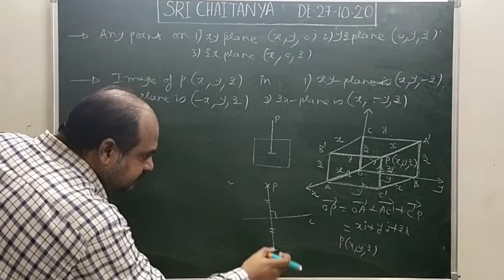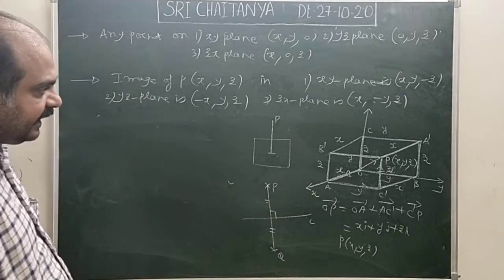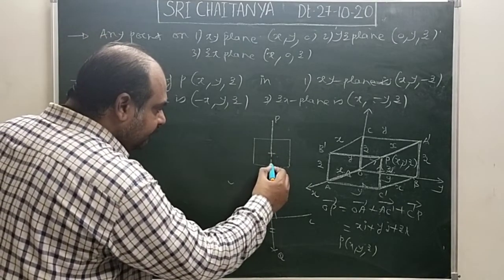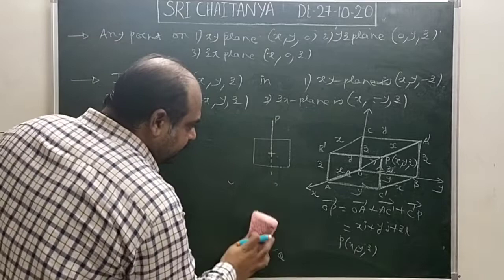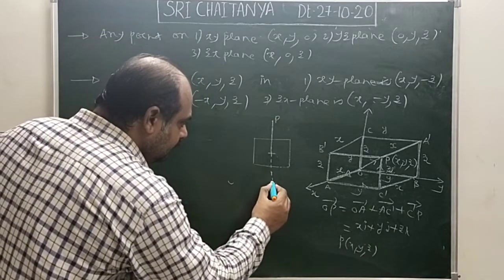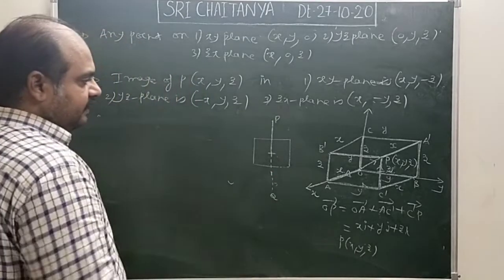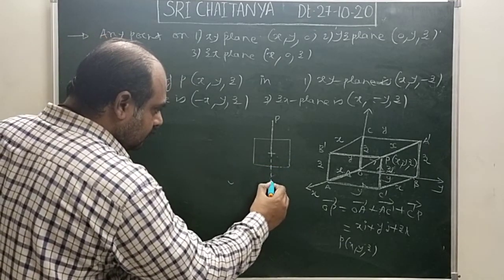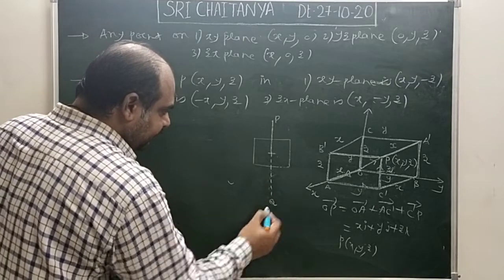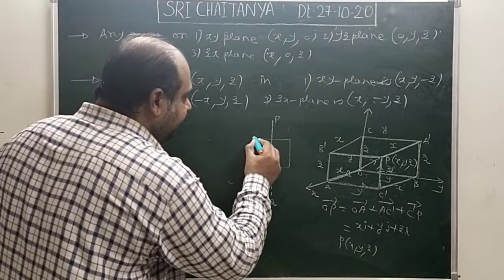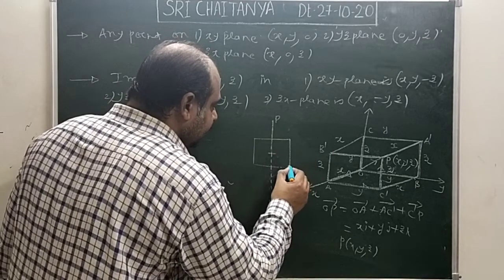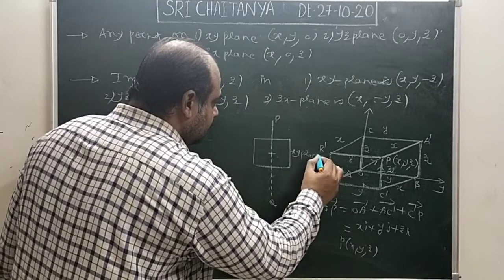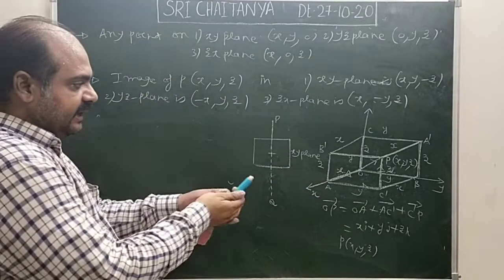So on the opposite side at the same distance for the line; for the plane, look at how it will be. On the opposite side of the plane there will be these dotted lines. Your paper is there, let us say that is the XY plane.